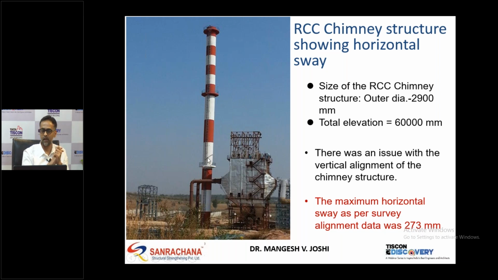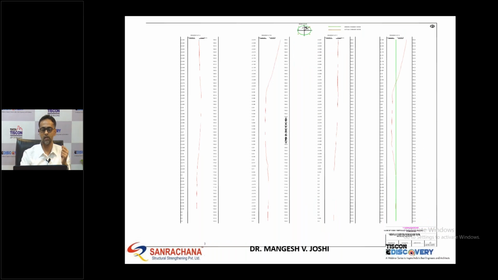The client was really worried how this eccentricity would play its role, because the structure is designed as a concentric structure, and because of this induced eccentricity, how will it impact the stability of the structure? So first we found out the eccentricity in all 4 quadrants of the structure by total station survey.